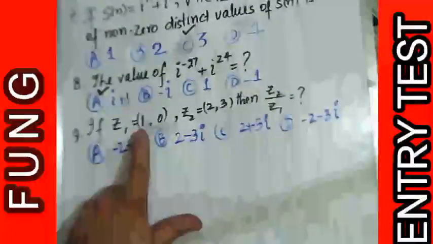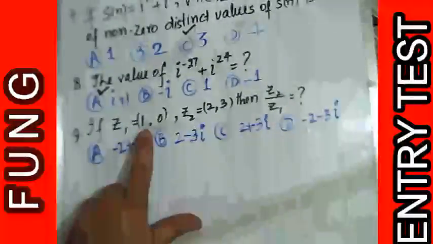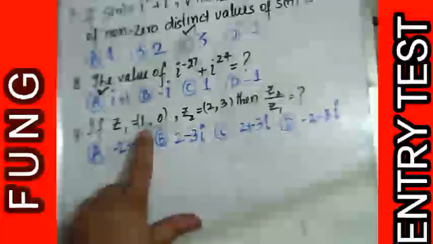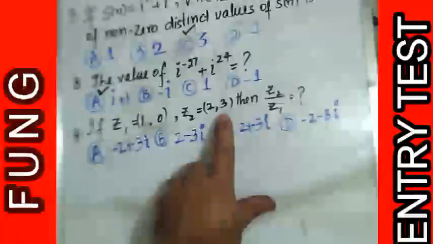Dear student, next question. If z1 is 1 plus 0 iota, in fact it is written as 1, 0 in ordered pair form. 1, 0 means 1 plus 0 iota. And z2 is 2 plus 3 iota.